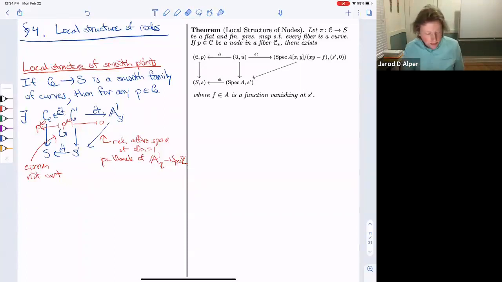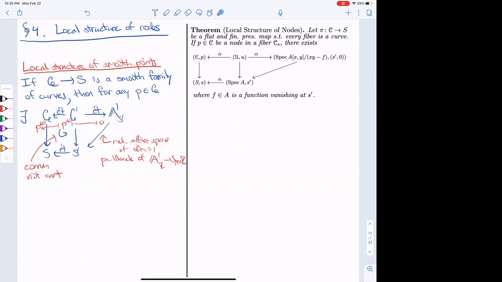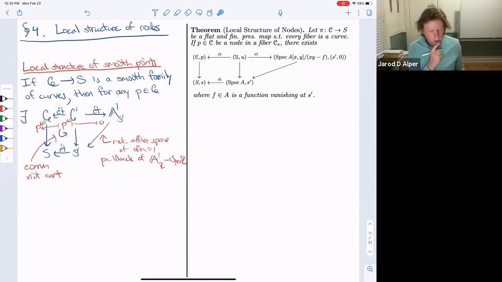Okay, so we have an analogous result for the structure of nodes. Here I haven't defined what a family of nodal curves is, so I'm just going to state the precise hypothesis we have. Why did you choose an étale neighborhood of C over S? Isn't it enough to take Zariski neighborhoods for the smooth case?